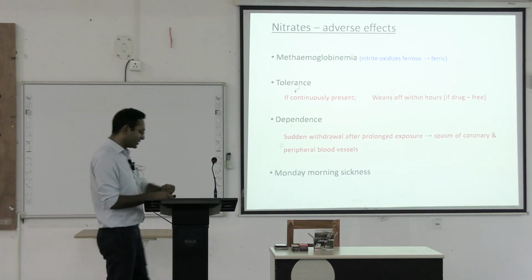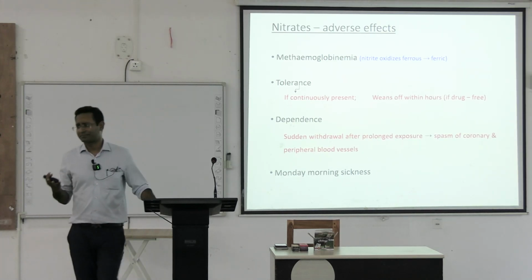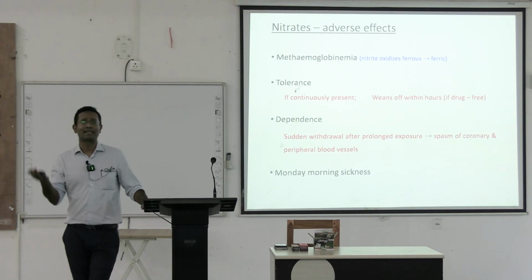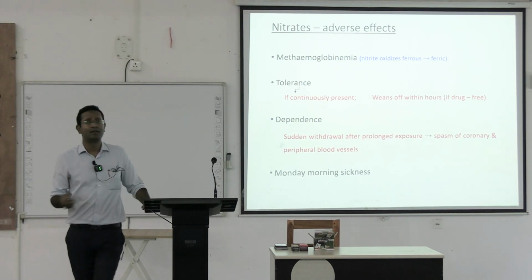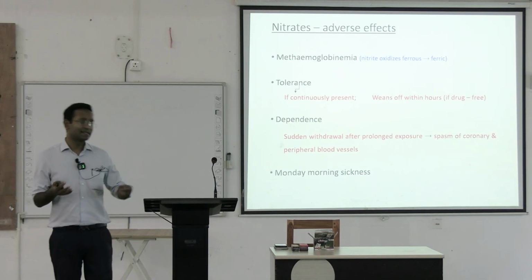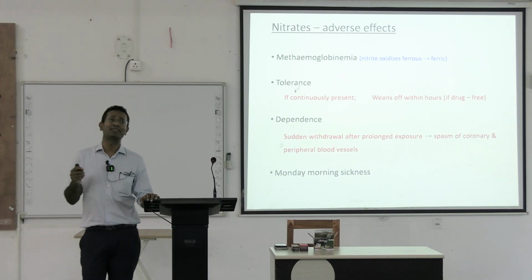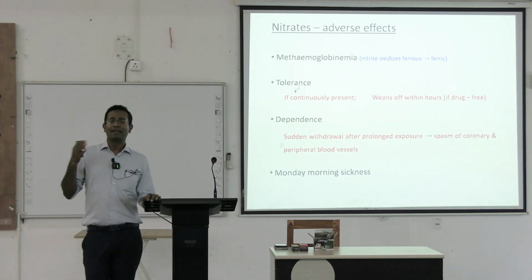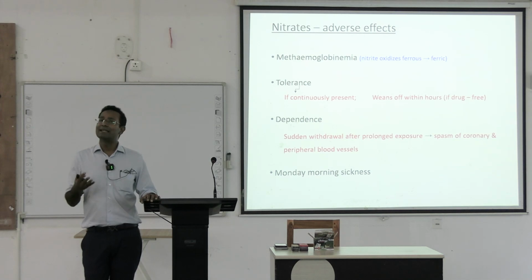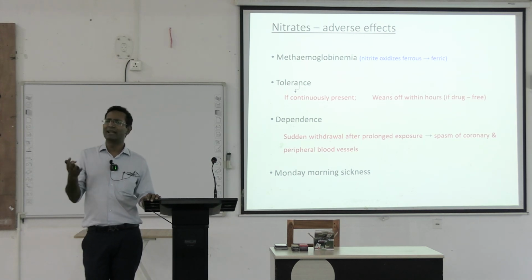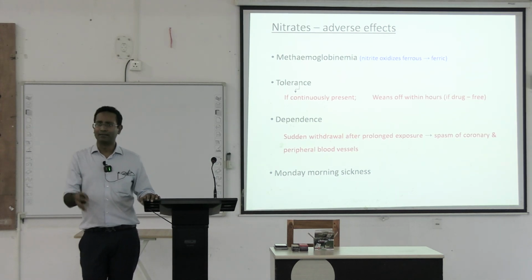Now, Monday morning sickness. This is a very classical example of GTN or nitrates. What happened was, during the 1960s, the workers in the nitrite factory used to develop angina-like symptoms or headache on Monday morning.